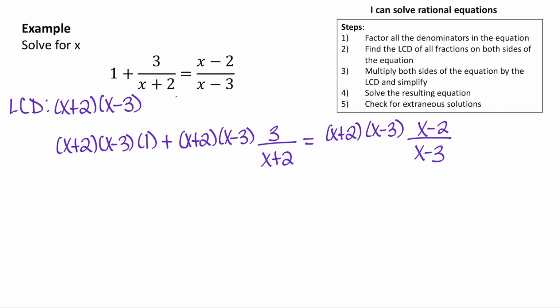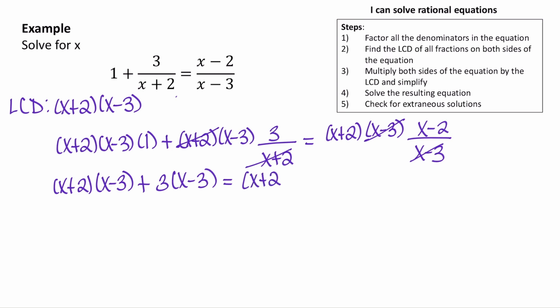Okay, so let's work this out and see what we can cancel. So we have x plus 2 times x minus 3, and then plus, here we have an x plus 2 up here and x plus 2 down here that can cancel. So I have 3 times x minus 3, and that equals the x minus 3 and x minus 3 can cancel over here. So I have x plus 2 times x minus 2.